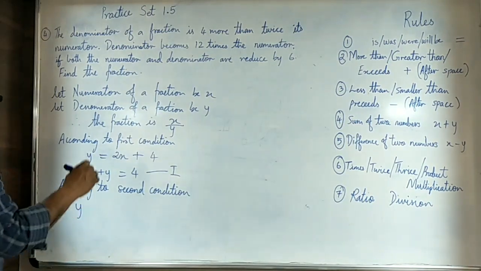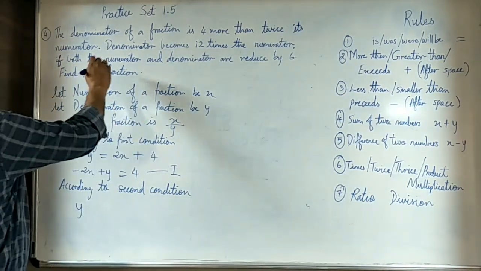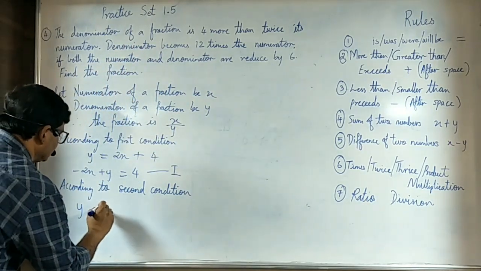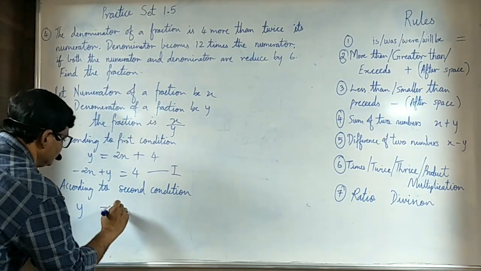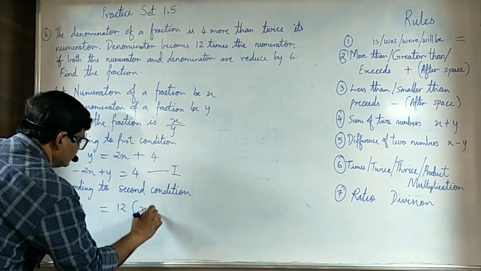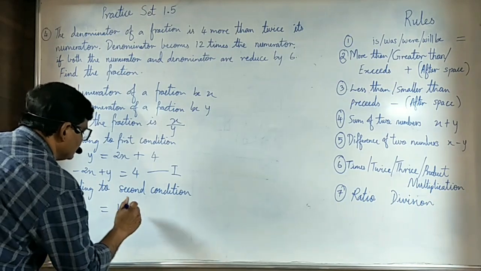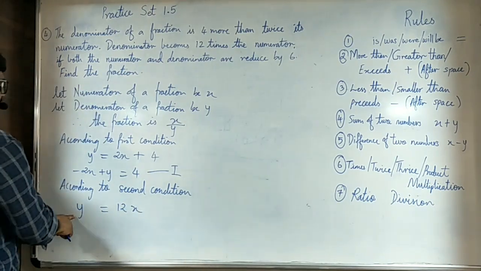Becomes, that is what you have here. The denominator becomes 12 times the numerator. In this case it is 12 times the numerator.